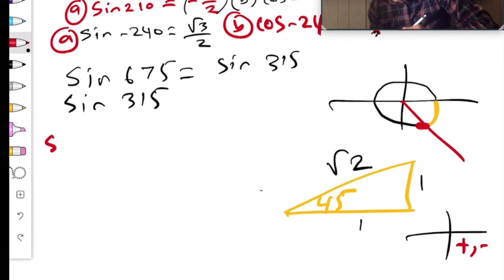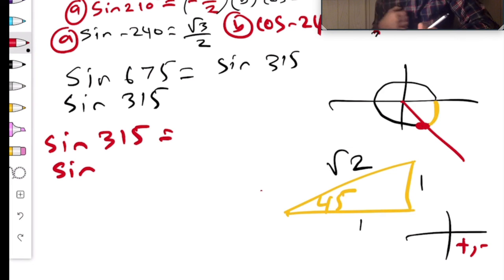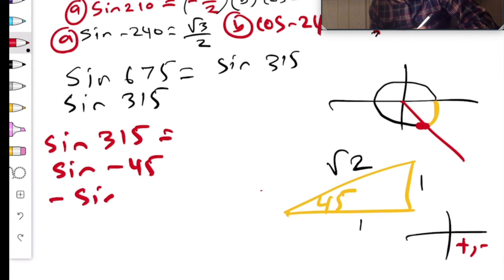Okay, so sine 315 is equal to sine negative 45, which is equal to negative sine 45, which is equal to negative y over r.